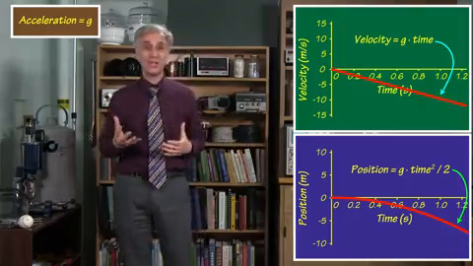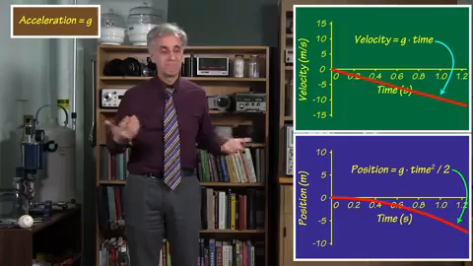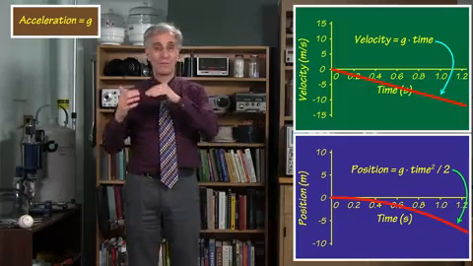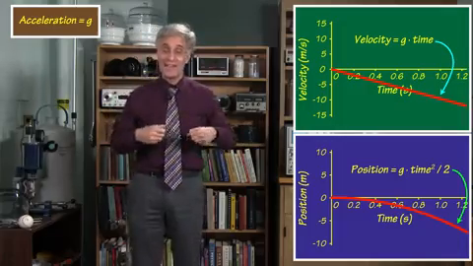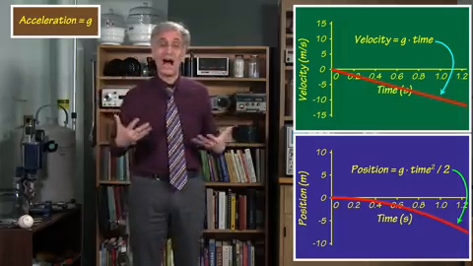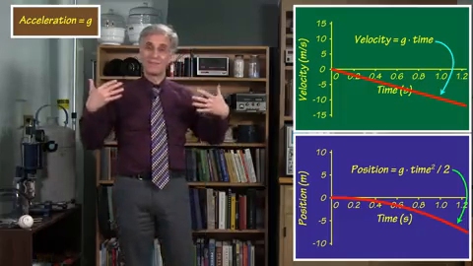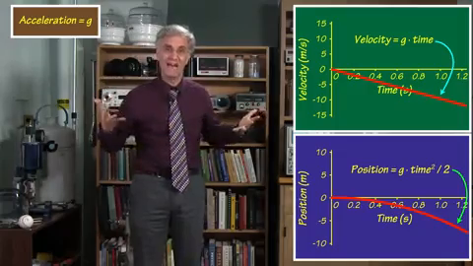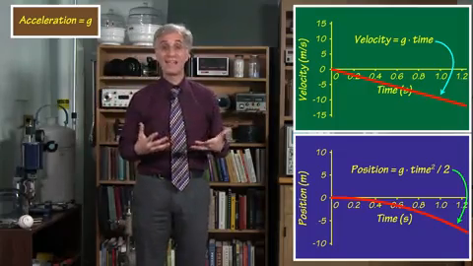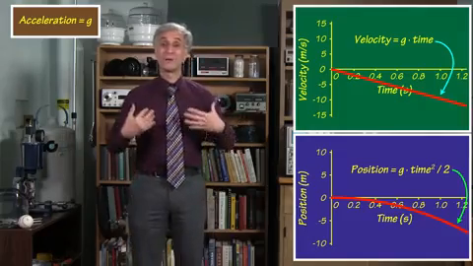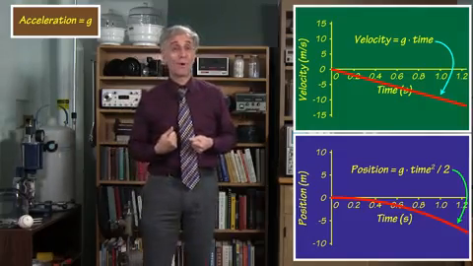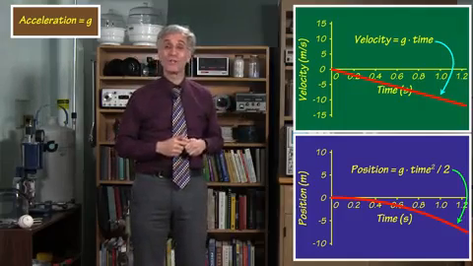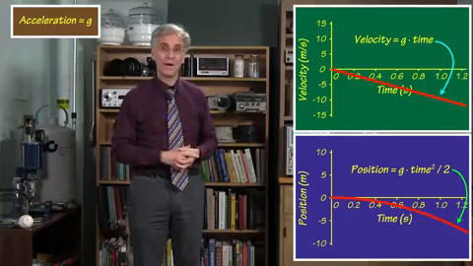So there's the whole story. The relationship between acceleration and time is simple. It's a constant. The relationship between the falling ball's velocity and time is a straight line. The falling ball's velocity is proportional to time: g times time. And finally, the falling ball dropped from rest's position is proportional to time squared. It's g over 2 times time squared.